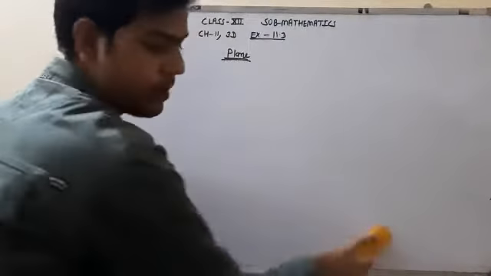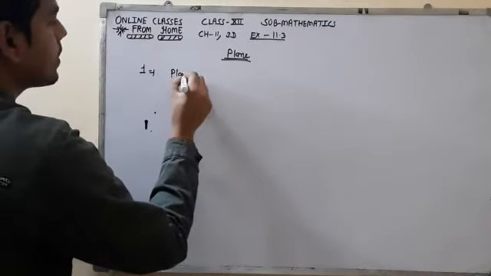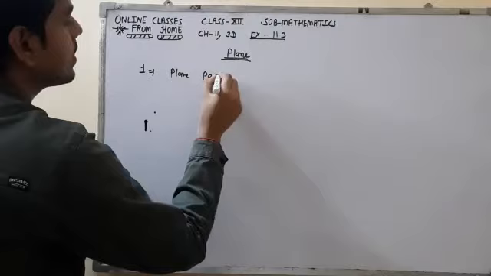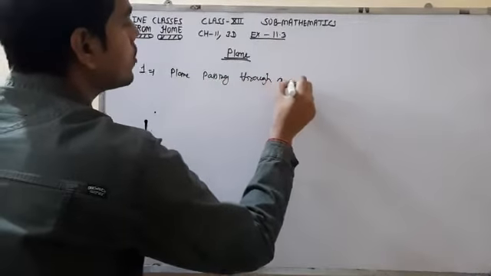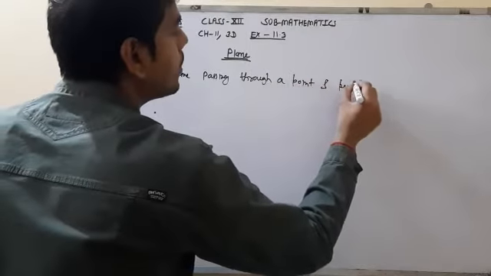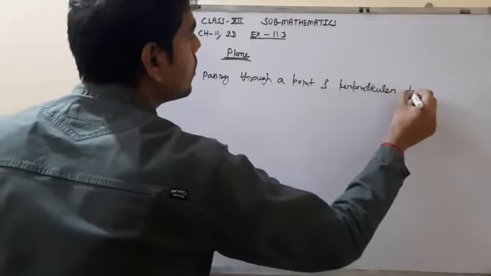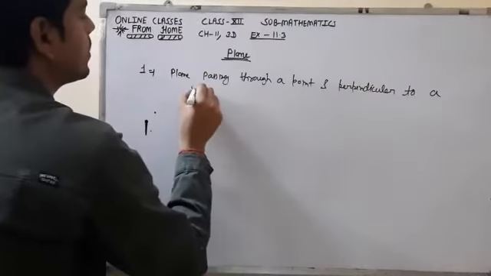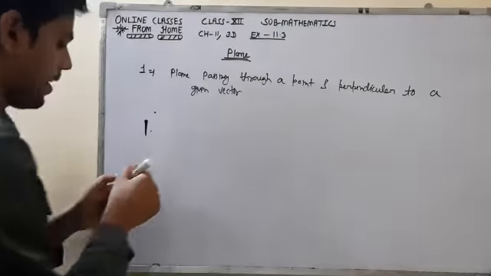the second equation of a plane: a plane passing through a point and perpendicular to a given vector, or a line.